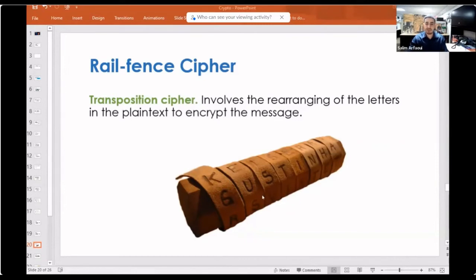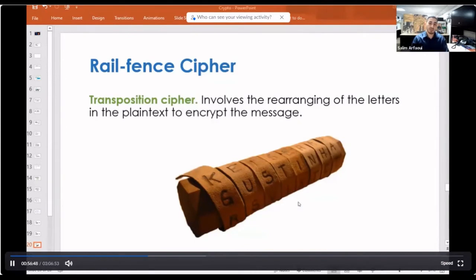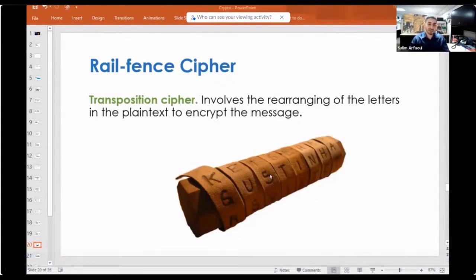So you have a cylinder here and you have a parchment, and it's similar to a ribbon. This parchment was wrapped around the cylinder, and the message to be encrypted was then written on the coiled ribbon. So this is considered a transposition cipher.